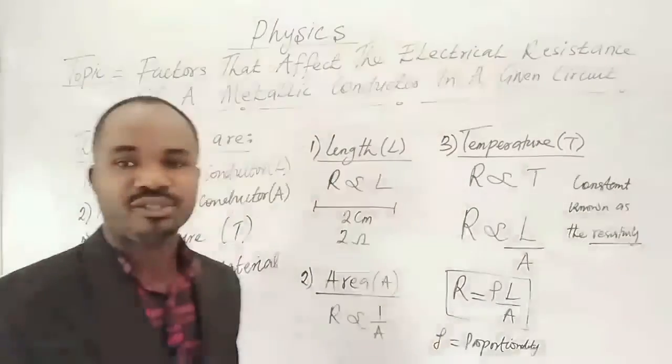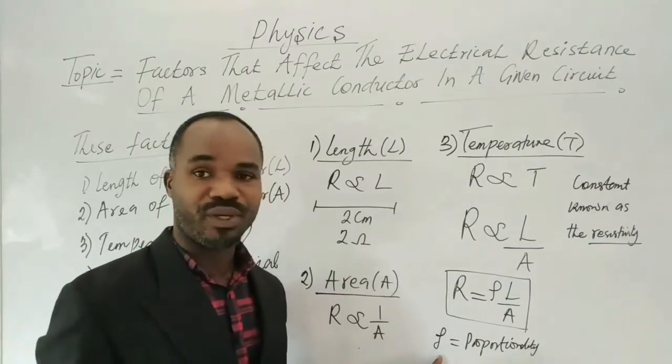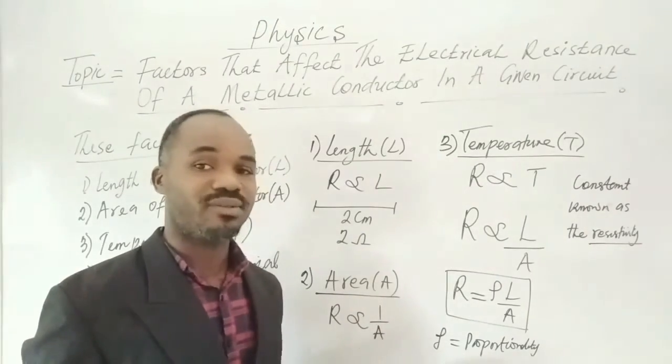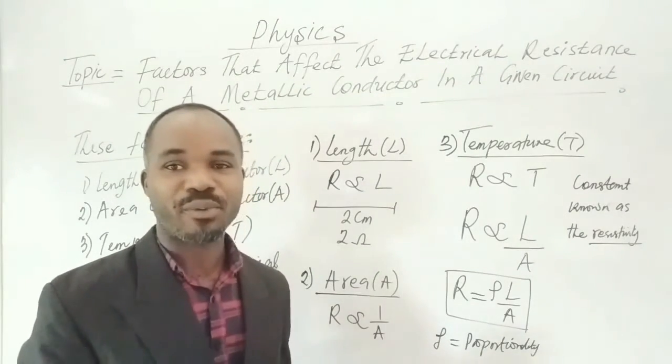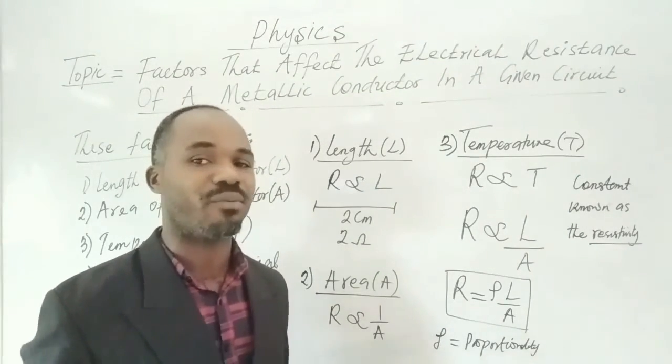So the Greek letter rho, I repeat, is known as the proportionality constant, but this proportionality constant represents the resistivity of the material.